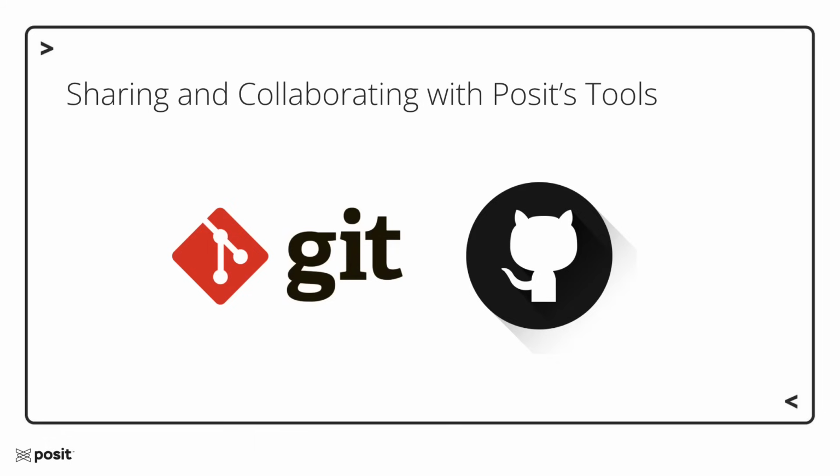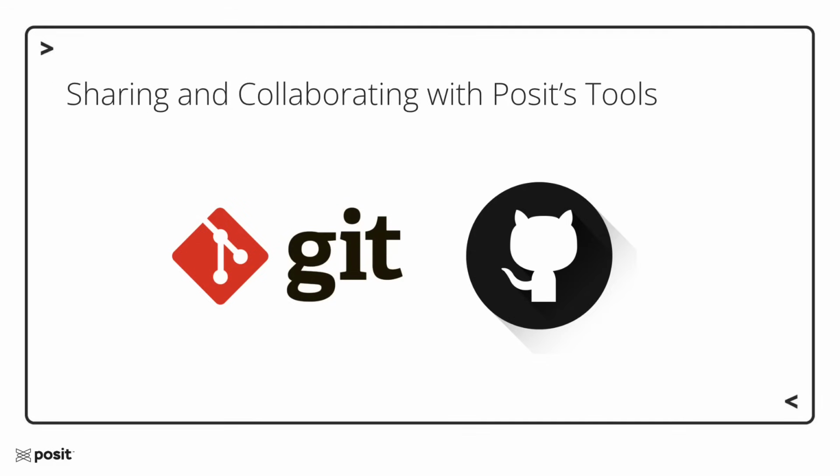So what options exist today to collaborate and share content using Posit's tools? Well, the first way is to share your source code, and that's where version control comes into play. So many of the tools that we create here at Posit, including the various IDEs included in Posit Workbench, have integrations to make working with version control, including Git, a breeze.